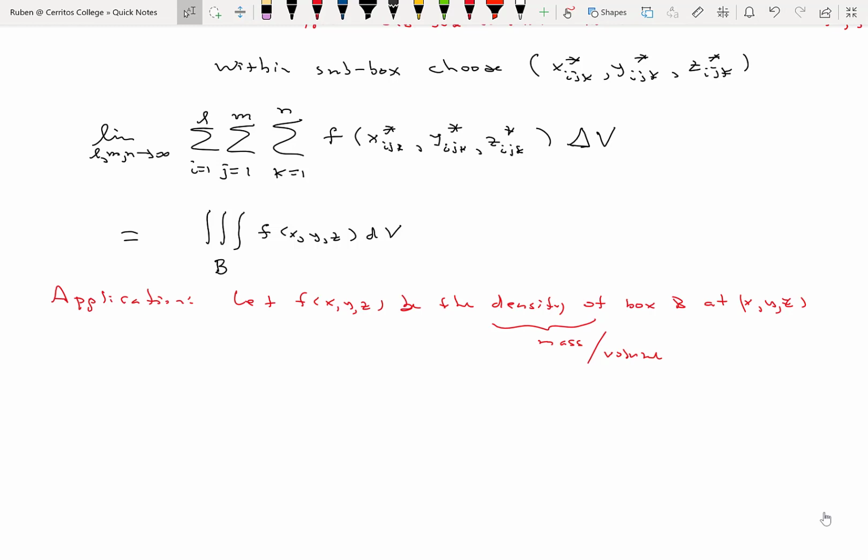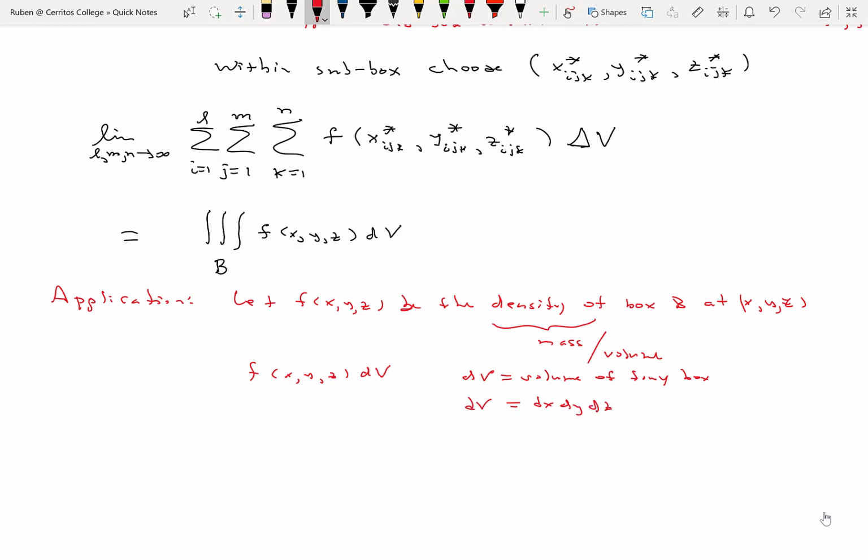If you multiply the density, the mass per unit volume, times dV, you could think of dV as giving you the volume of a very small box whose dimensions are dx, dy, and dz.